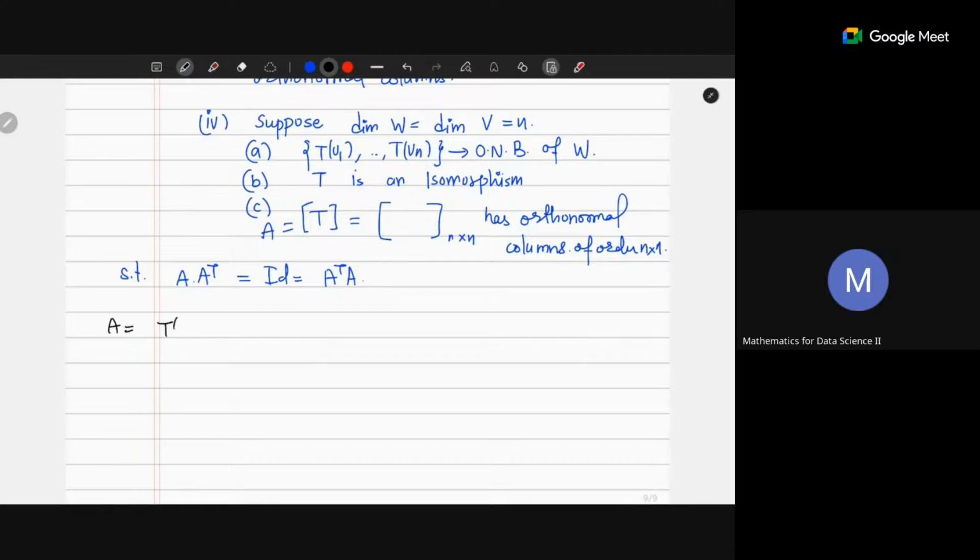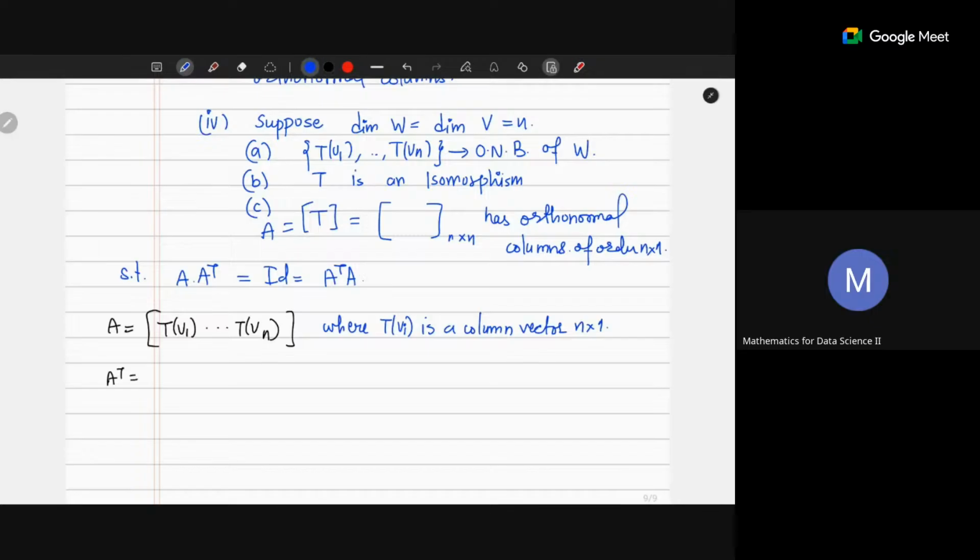A is basically Tv1 up to Tvn, where each Tvi is a column vector of order n cross 1. Now what is A transpose?